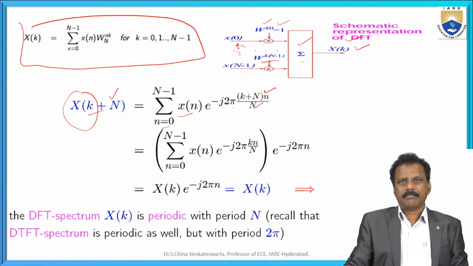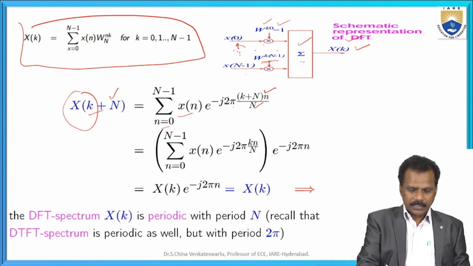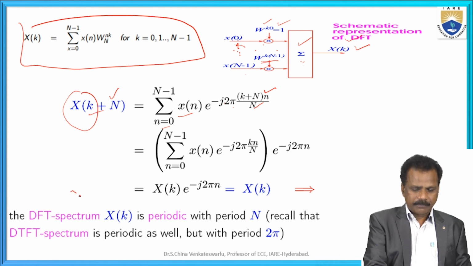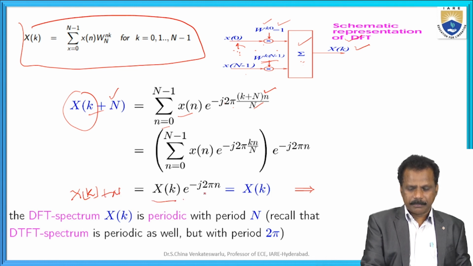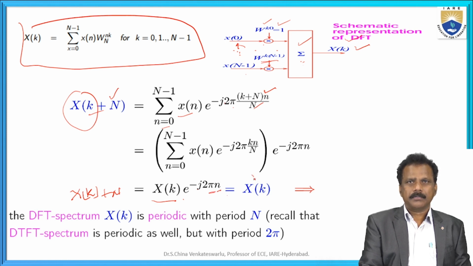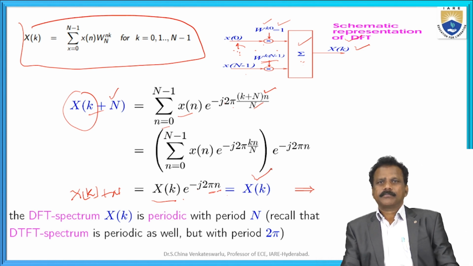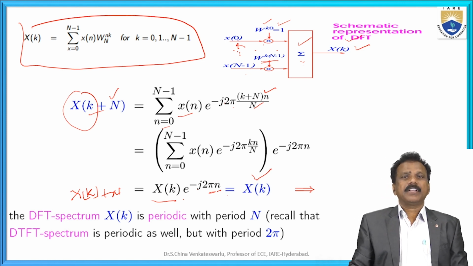So where x of k plus capital N is equal to x of k into e power j 2 pi n, which is equal to x of k. This is the DFT spectrum.